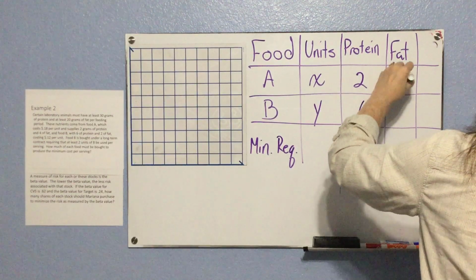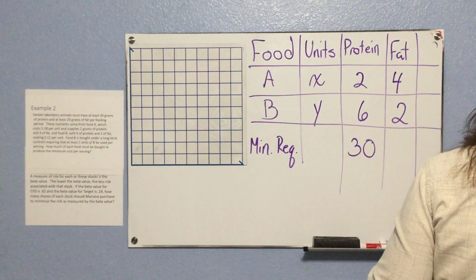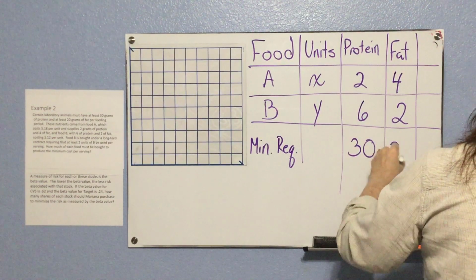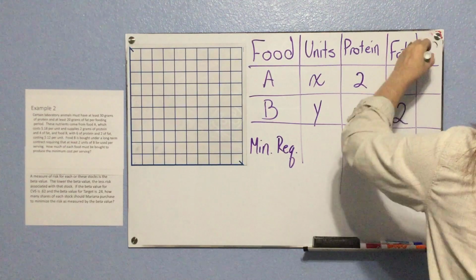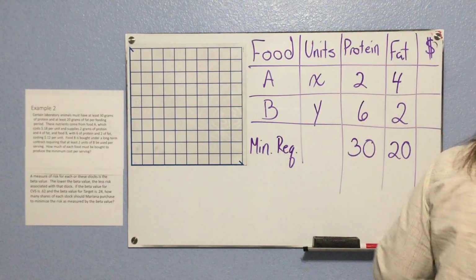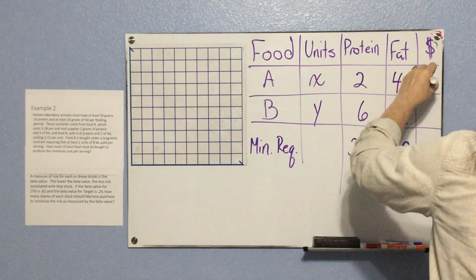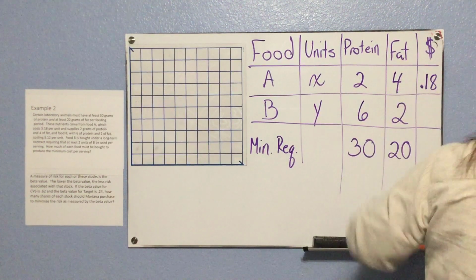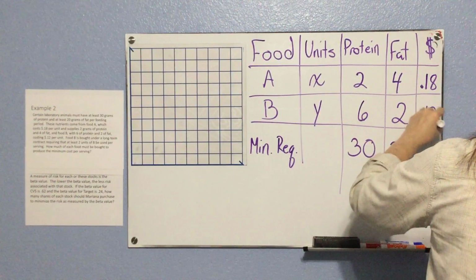And here we have 4 grams of fat, 2 grams there, and we need 20. And then our last column is for cost. Food A costs 18 cents, so $0.18, and food B $0.12.